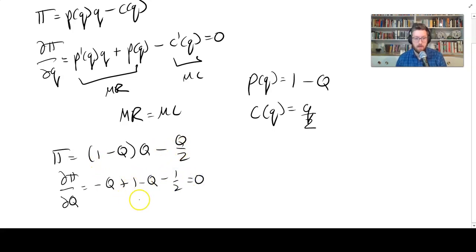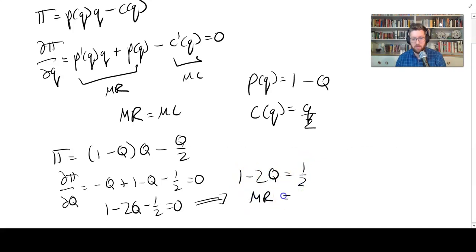So this tells us 1 minus 2Q minus 1/2 equals 0. We could write this as 1 minus 2Q equals 1/2. That would be writing it as marginal revenue equals marginal cost. And we can solve for Q.